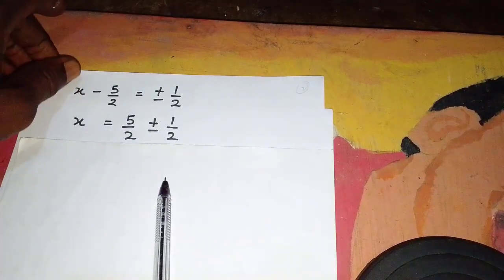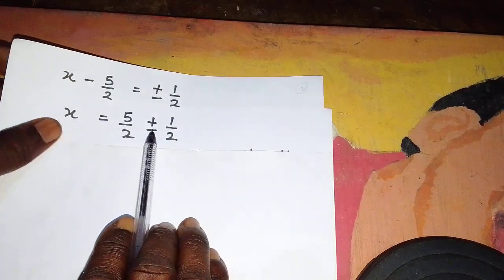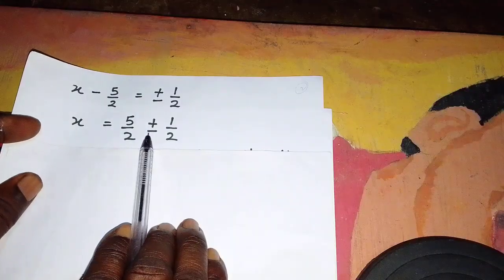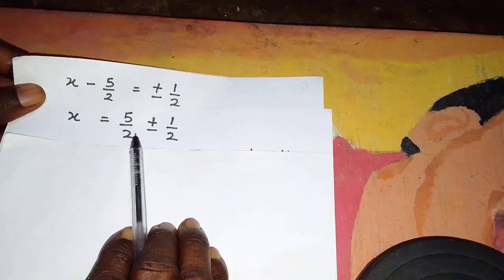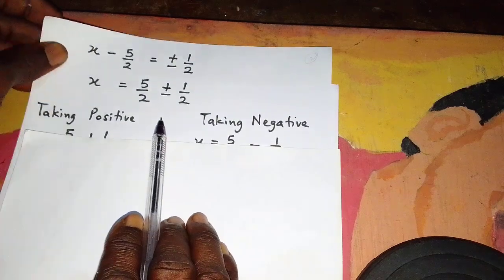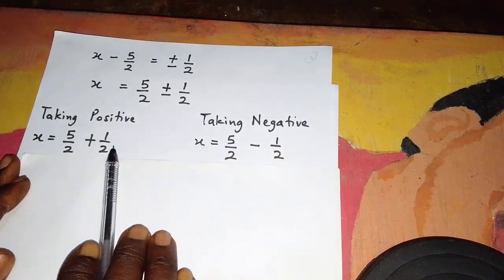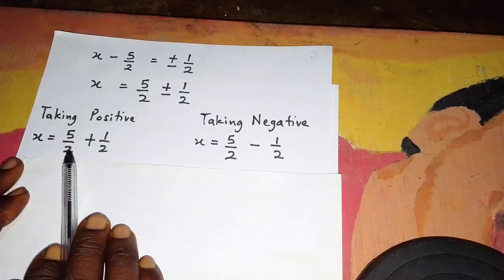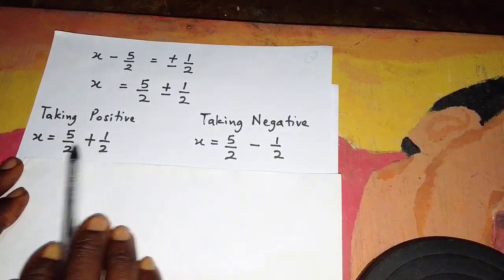So from this stage, here in the middle, you have two different signs, a positive sign and a negative sign. You pick the sign one after the other to solve it. So taking the positive side, we have x equals 5/2 plus 1/2.